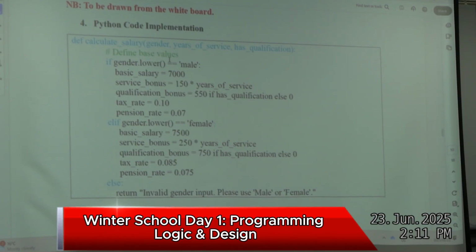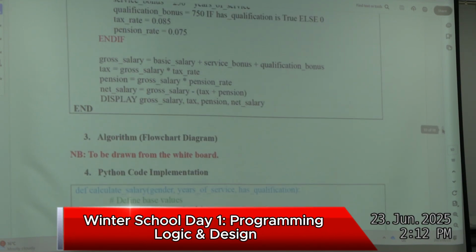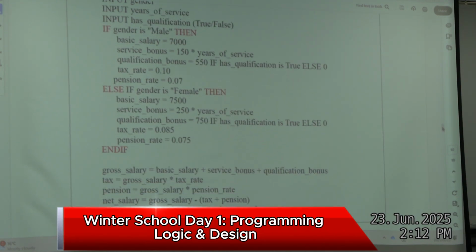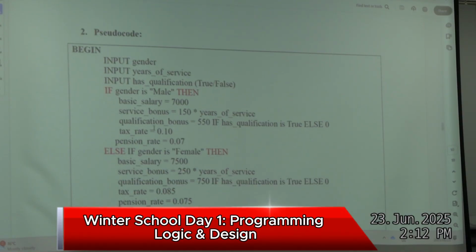No. I gave you only a route of where to come. But you can develop it already. What is missing here is the entering statement, the statement for input gender. You can create that. This is what is missing in this code.